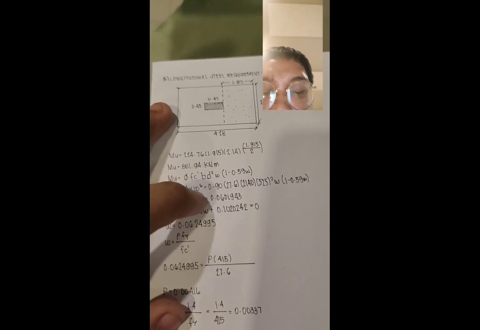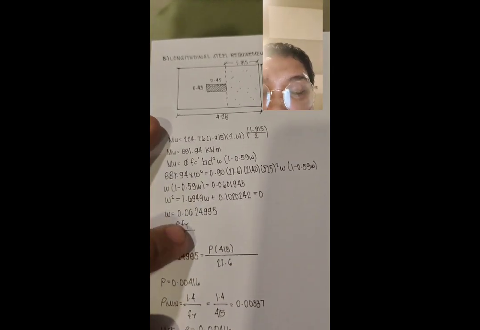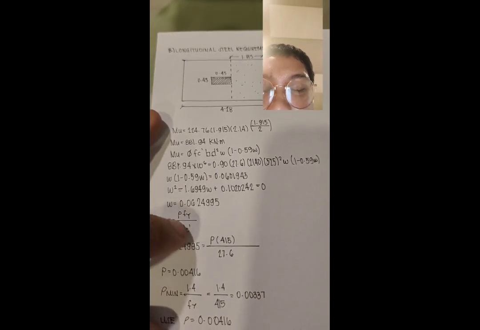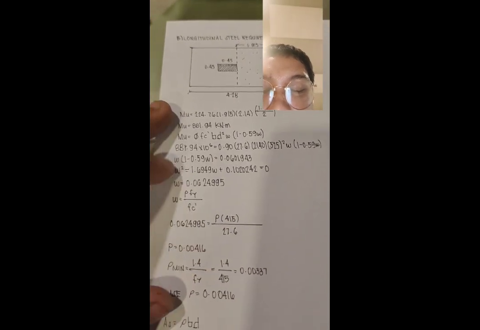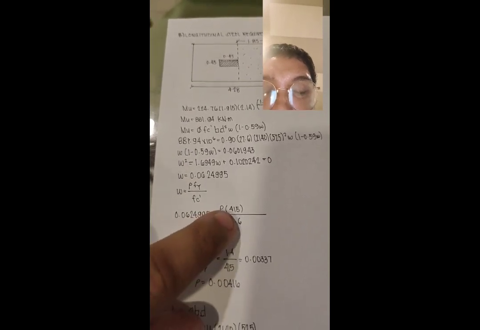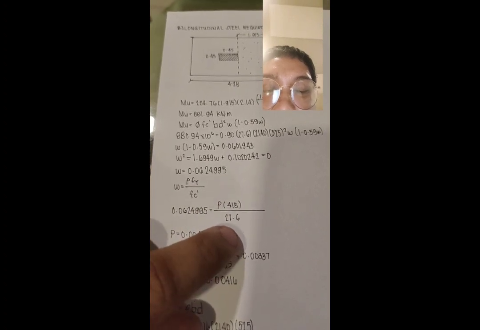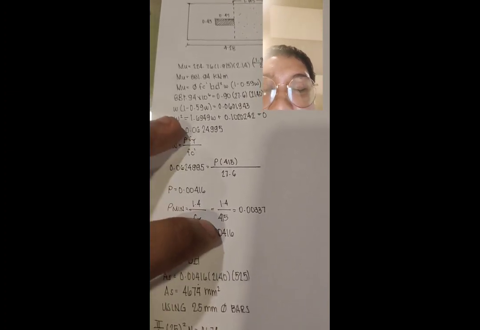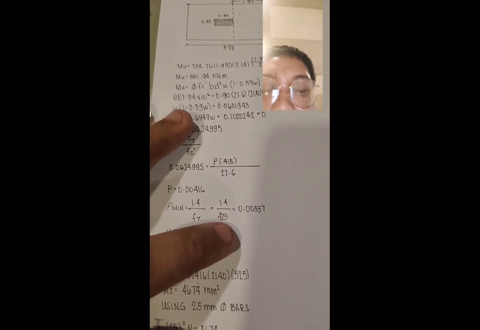With algebraic manipulation, we get W as 0.0624995. So W again equals P Fy all over FC prime. So to get P, P times 415 Fy over the given FC prime 27.6. So we have here P equals 0.00416. P min equals 1.4 all over Fy equals 1.4 over 415.